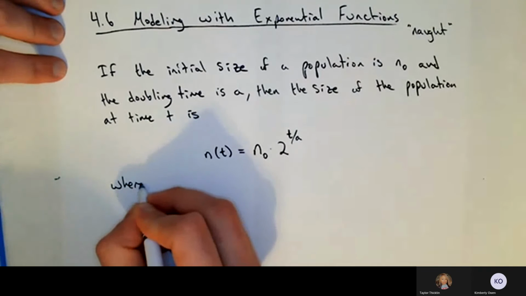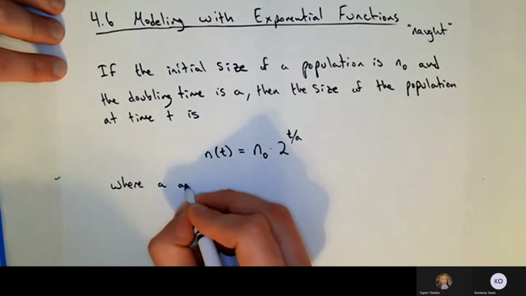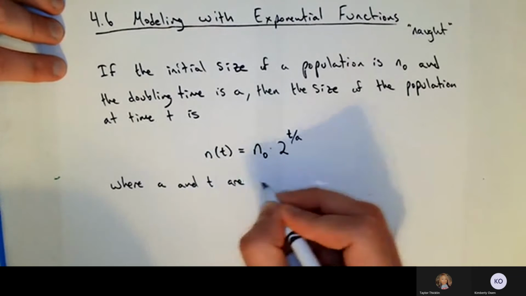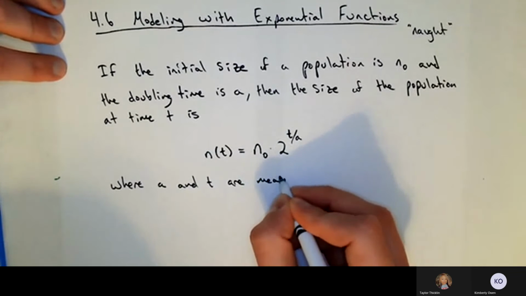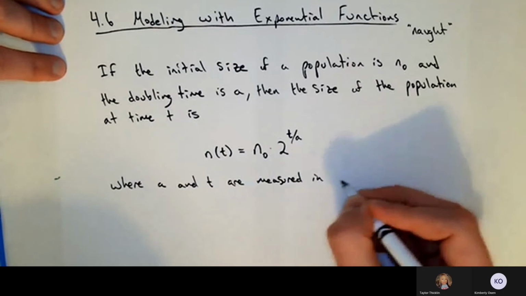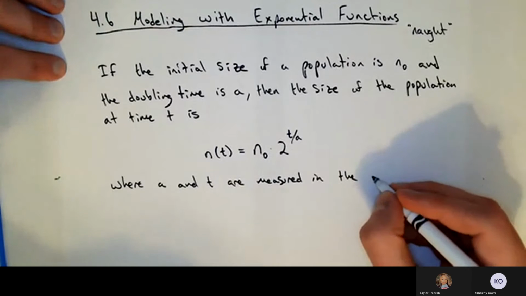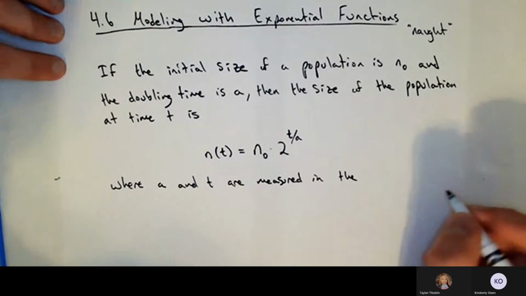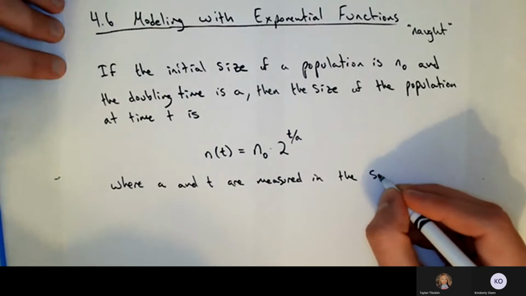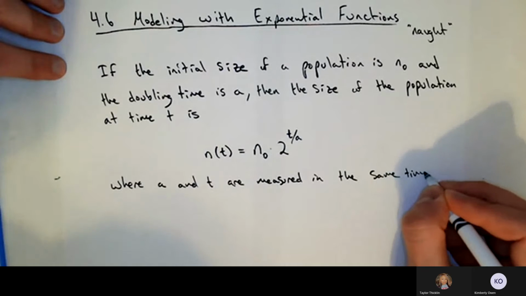And where a and t are measured in the same time units. So they both need to be in the same units. Unit being like hours, minutes, seconds, etc. The same time units.